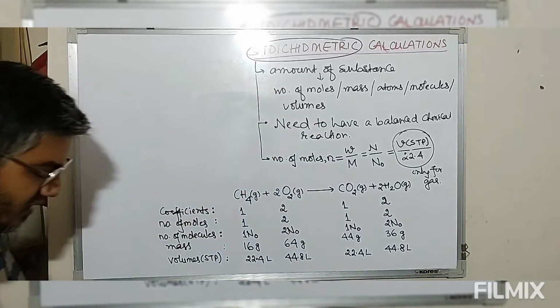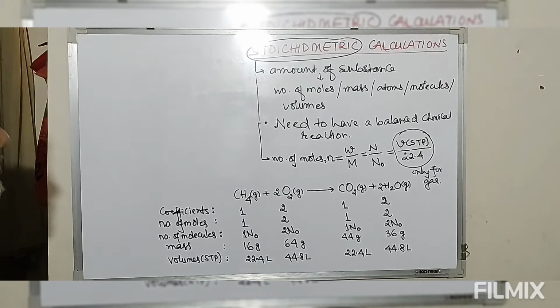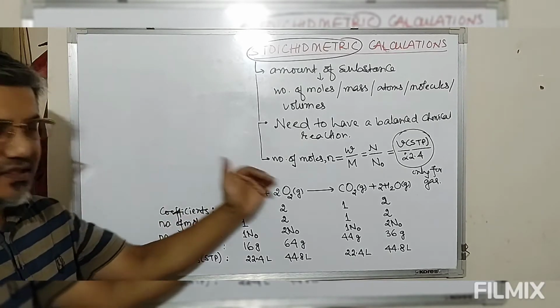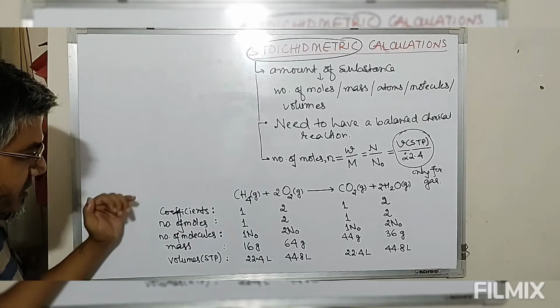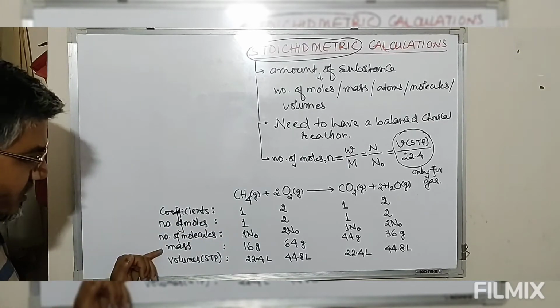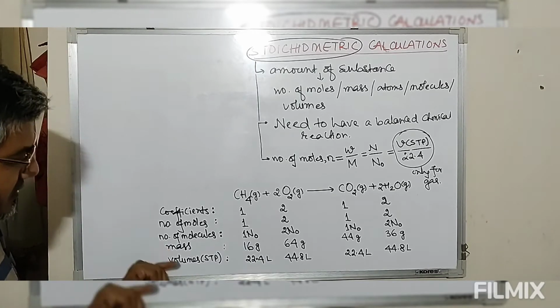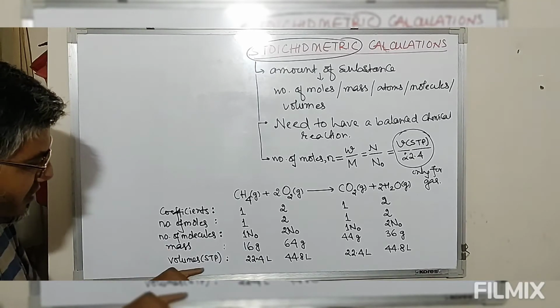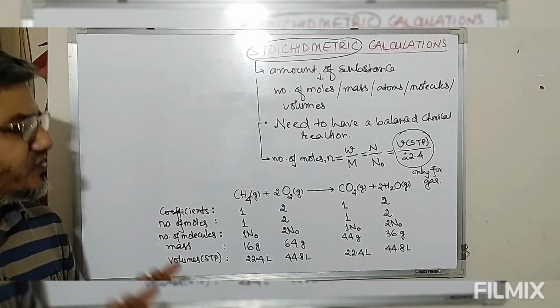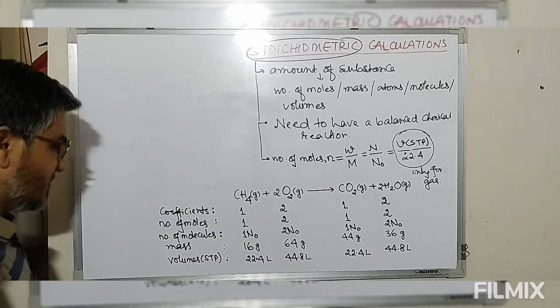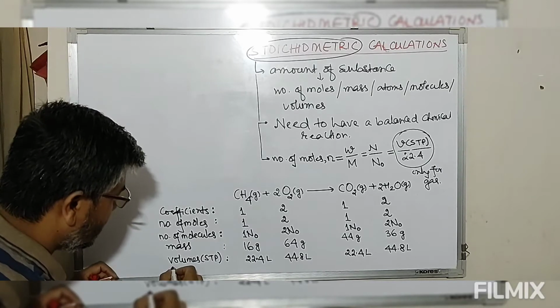So this is the stoichiometry of the reactants and products in this reaction in terms of coefficients, moles, molecules, mass, volumes occupied by the gas at STP, or simply the volume ratio.